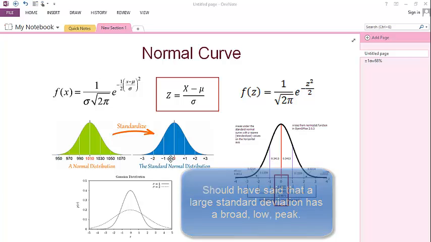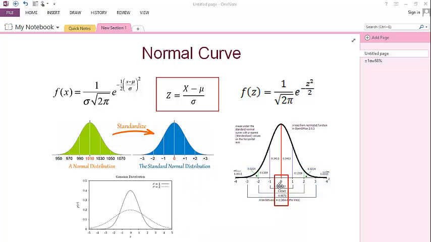Now, if we go to this standard and we start at the mean, which is 0, and then if we go out one standard deviation, we have 34% of the curve. Go plus or minus one standard deviation, we have 68% under the curve. Plus or minus 2 standard deviations, 95%.